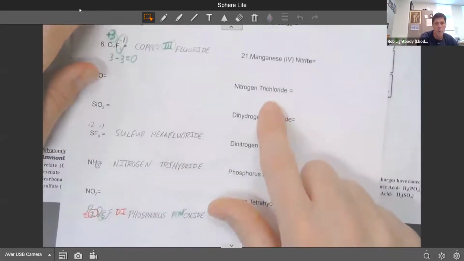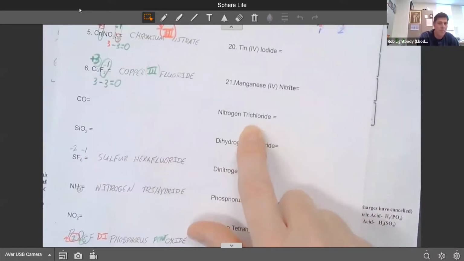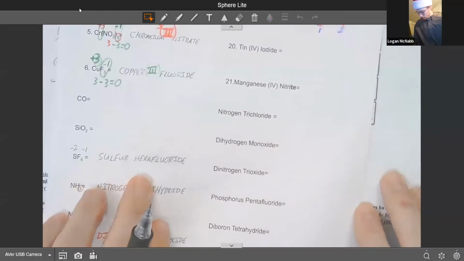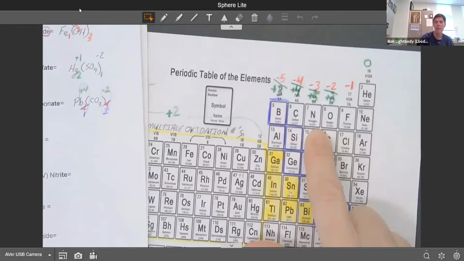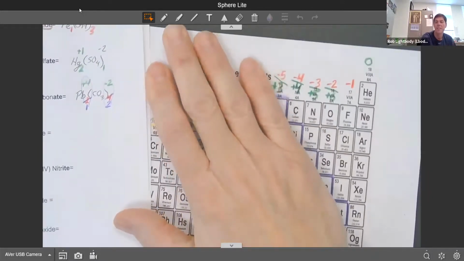Okay, let's go to this one. These actually get easier. Nitrogen is what? And hey, the first one's over here. It's a non-metal. If the first one's a non-metal, guess what I'm using? Prefixes. Never charges.